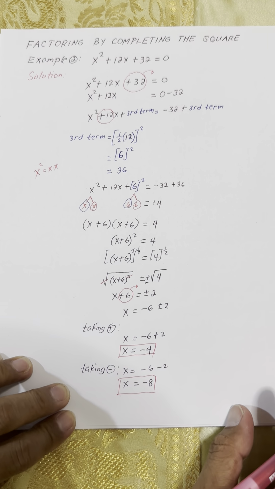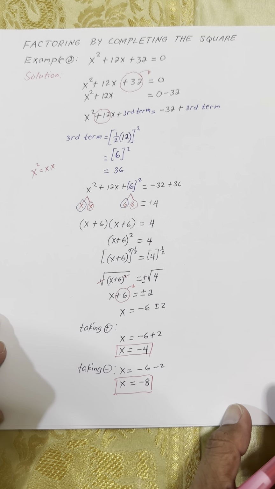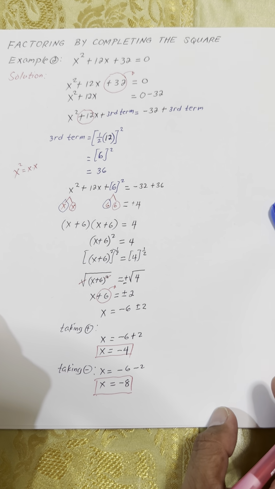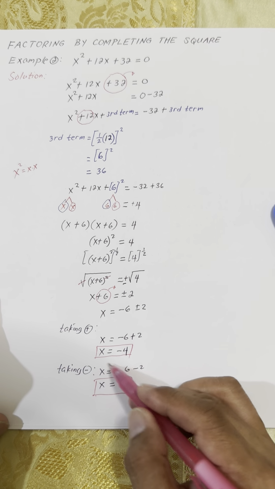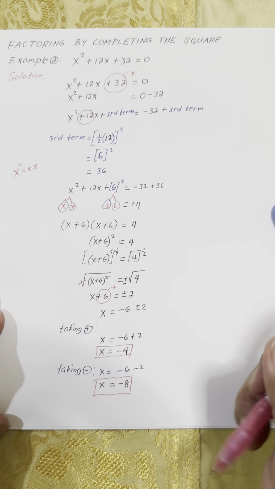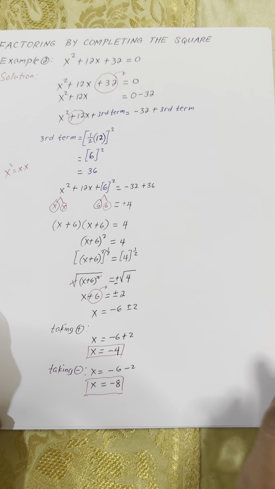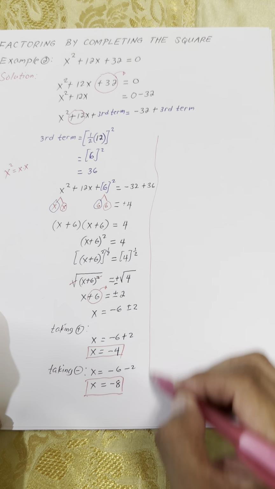How do we prove that our values of x are correct? What you need to do is substitute these values for x in our given equation. So let's check.